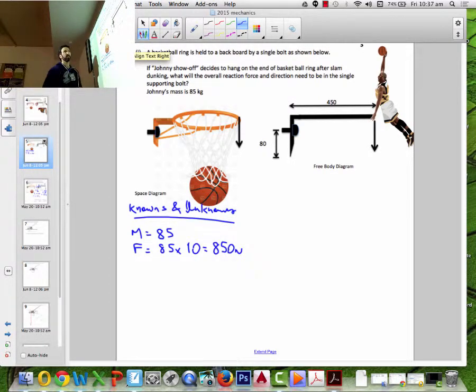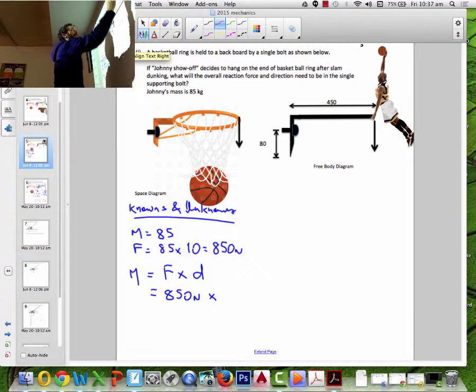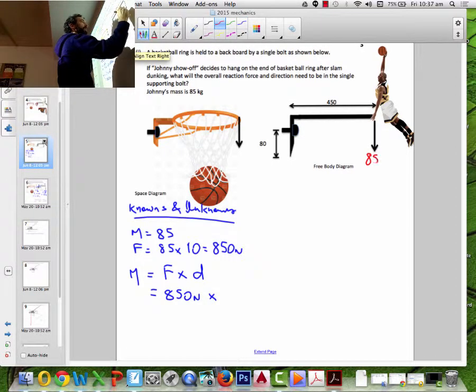Because he's hanging on the end of the ring, we have a distance. That creates a moment. A moment is a force times the perpendicular distance. The force in this case is 850 newtons times how far away that force is acting. Looking back at little Johnny, he is 850 newtons and it's acting at 450 millimeters.